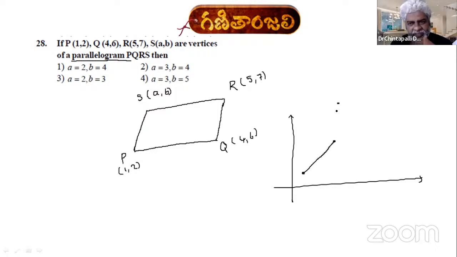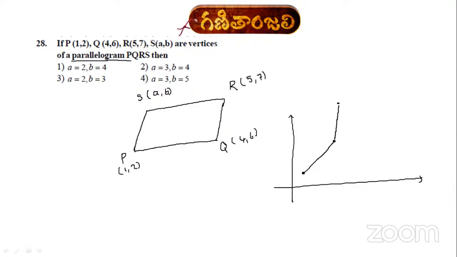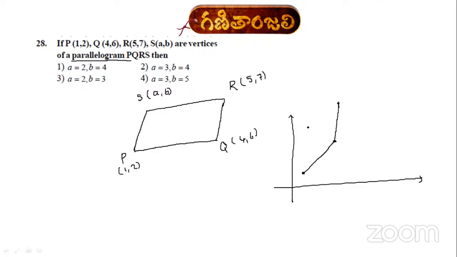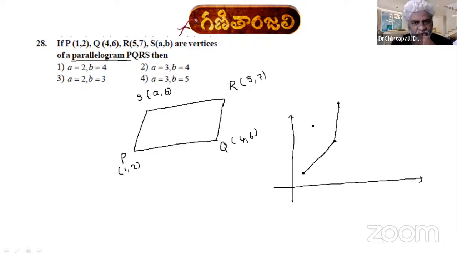Very good. That's right. But 5, 7 is going to be right next to 4, 6. After 4, it is 5, 7, right? So now 6 will be just below 7. How will it be that long a distance? See, it is 1, 2.